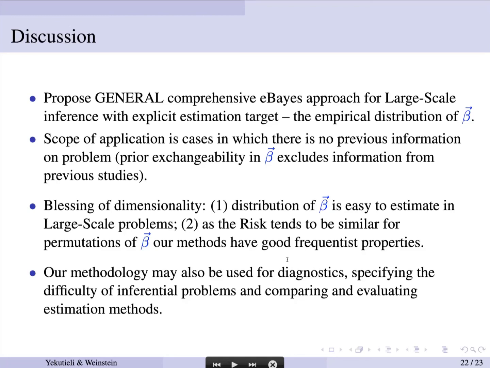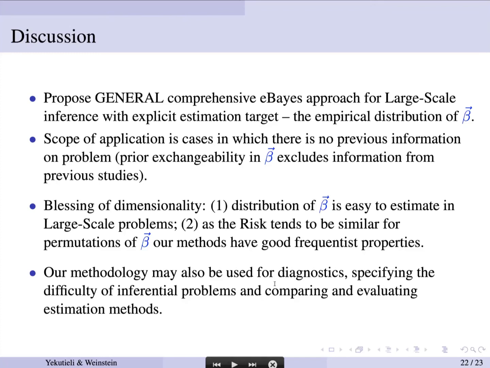Our methodology may also be used for diagnostics. The idea is you have this big problem. Let's try to estimate this marginal distribution. You may or may not be interested, but it says something about the problem. Once we have this distribution, we could say how difficult it is.